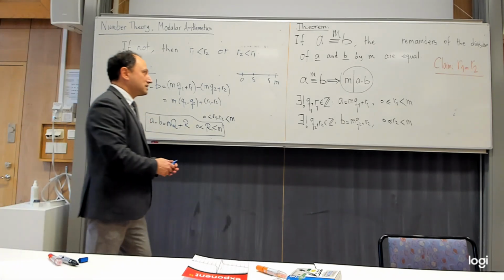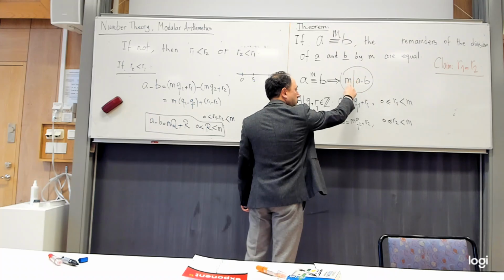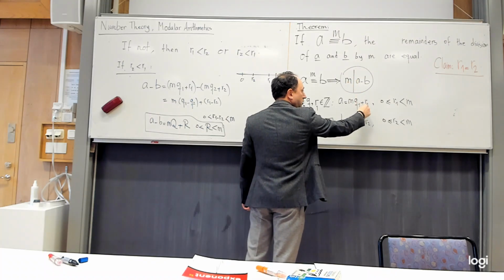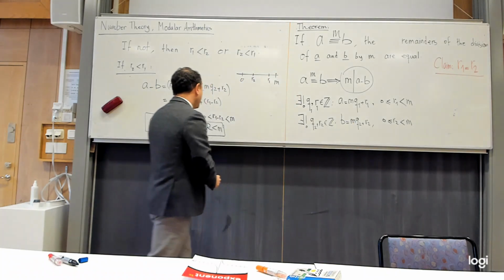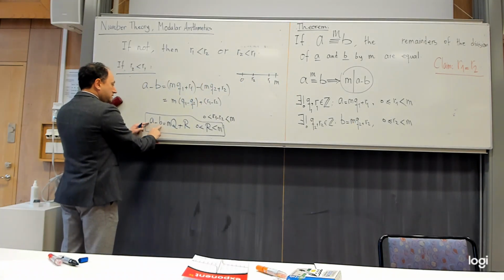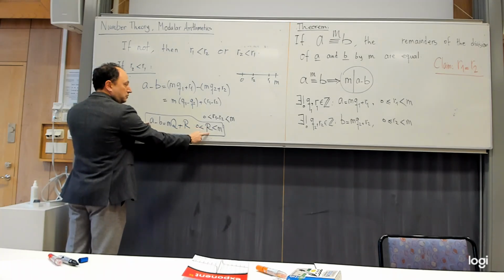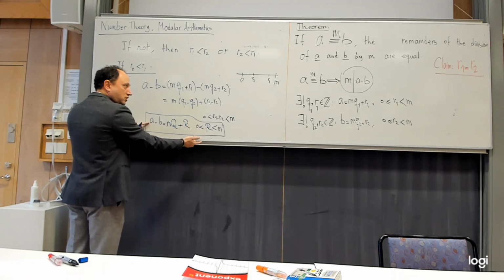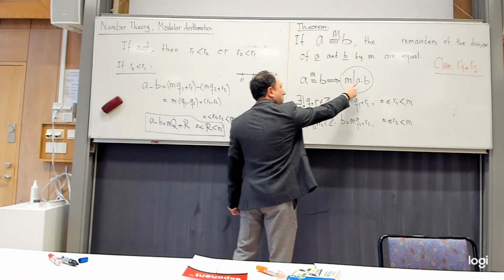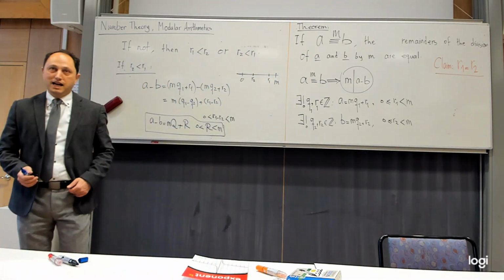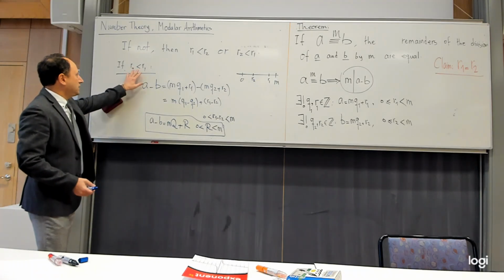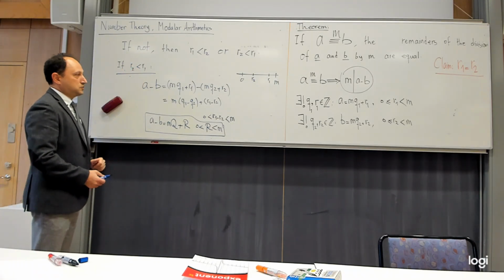So what I'm saying is that if this is true, and if I assume that R1 and R2 are not equal, then I will understand that the remainder of a minus b by m is a positive number, not 0. But this is a contradiction because I am assuming that a minus b is divisible by m. So this means that these two remainders have to be the same. Of course, if I want to make it right, I need to consider the other case as well.